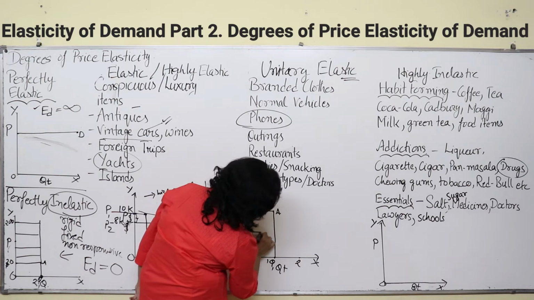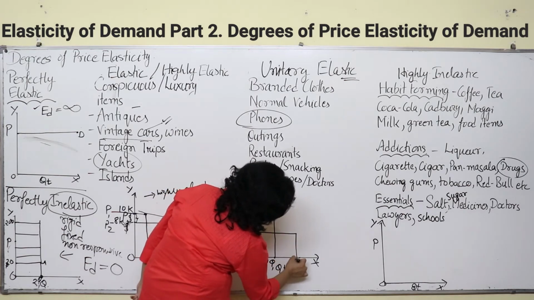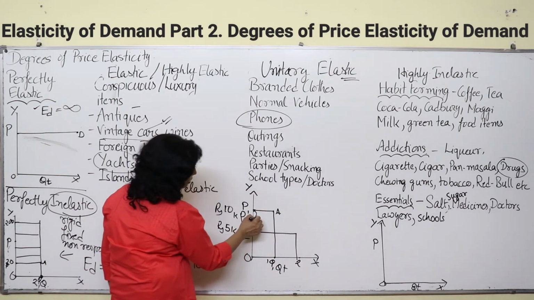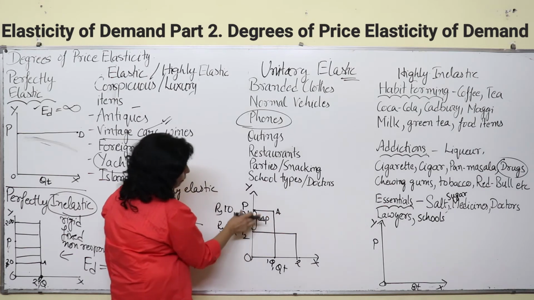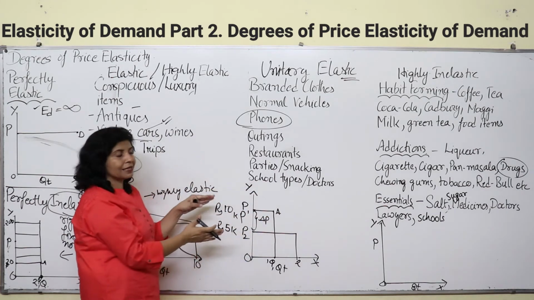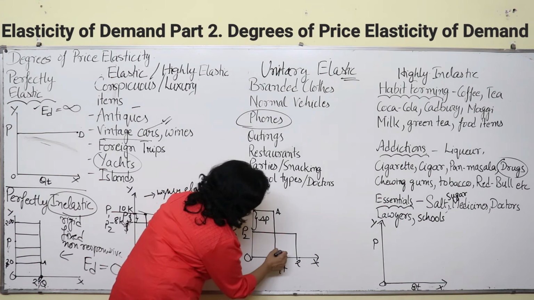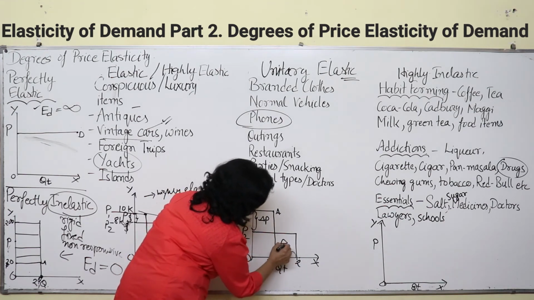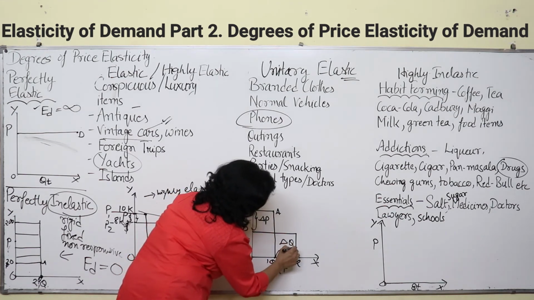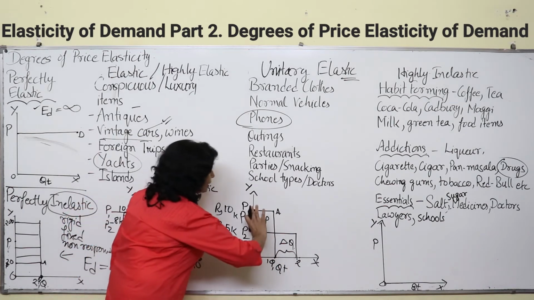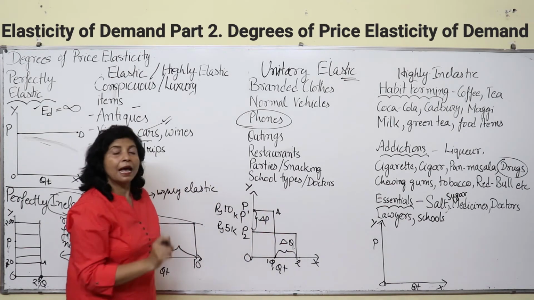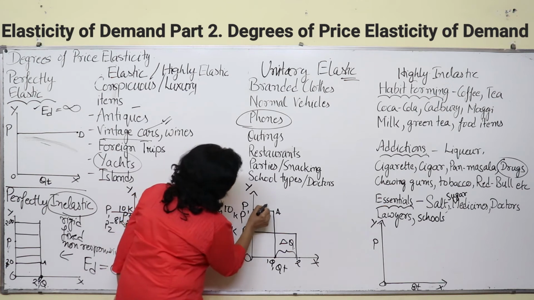So what is happening? Here, this is delta P. The percentage reduction in price is equal to the percentage increase in your quantity demanded. So these 2 changes are the same and this is known as unitary elastic demand.